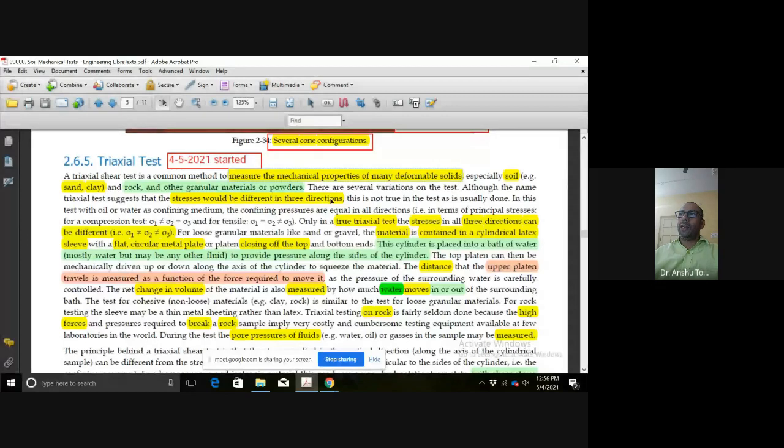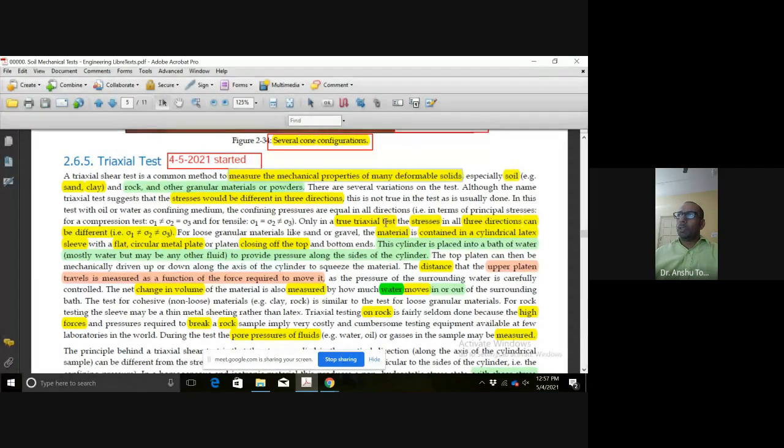Stresses would be different in three directions. So this is how we actually do this test. From three different directions, stresses are applied. It is not always easy, although we say that it is equal in the three directions, it is not easy to keep the three stresses from the three sides equal in proportion.